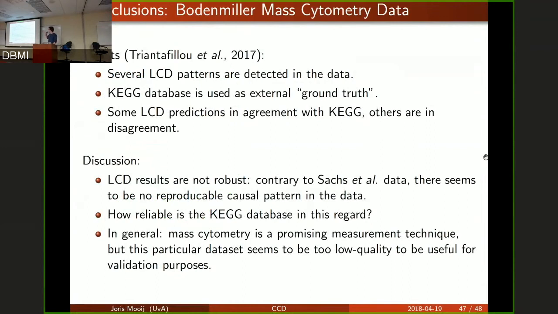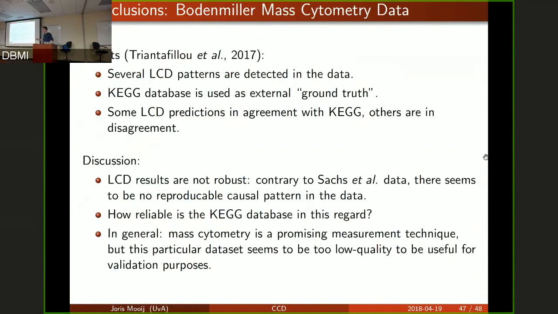I collaborated with them for a year or so, and we worked on this data for a long time to understand what's going on, but in the end, I couldn't find something reproducible there. So I would say in general, mass cytometry is really promising for validation purposes, but probably this data set was a bit too early.